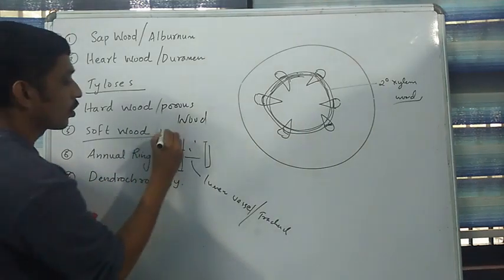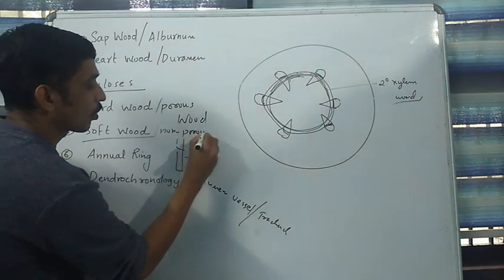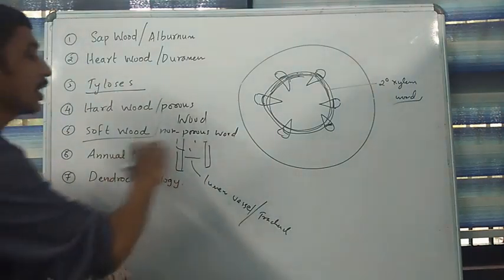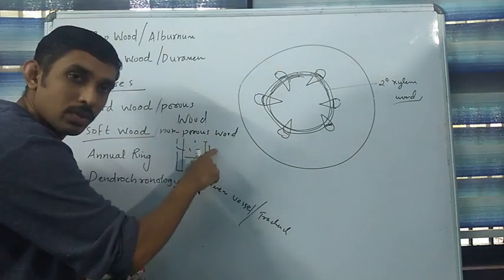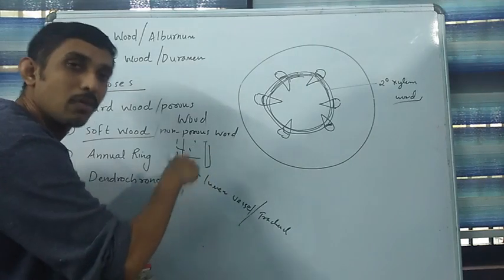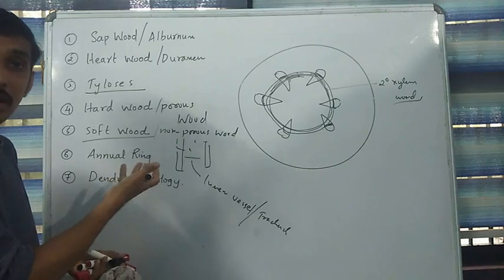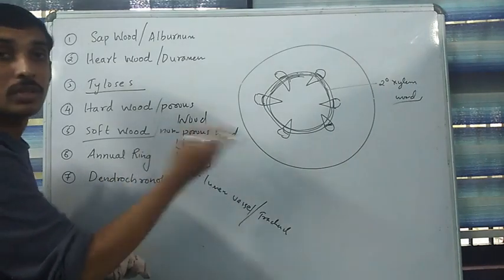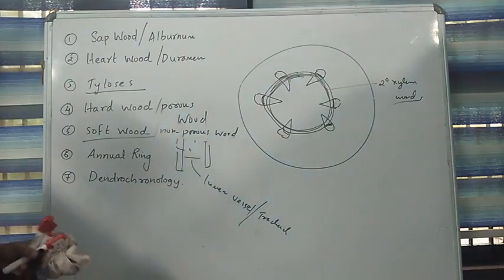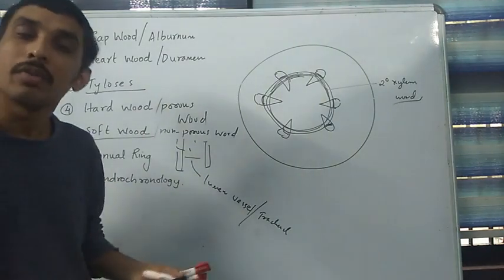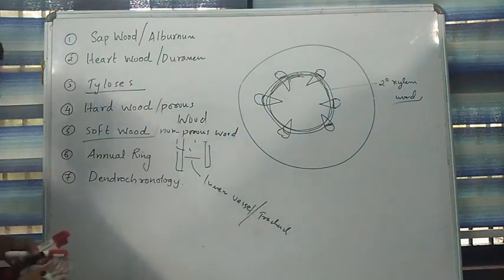So it is also called non-porous wood, because pores are the indication of xylem vessels, but in gymnosperms, xylem vessels are absent, so there are no pores. That is why it is called non-porous wood. Hardwood and softwood are economically valuable. We can produce various kinds of furniture.